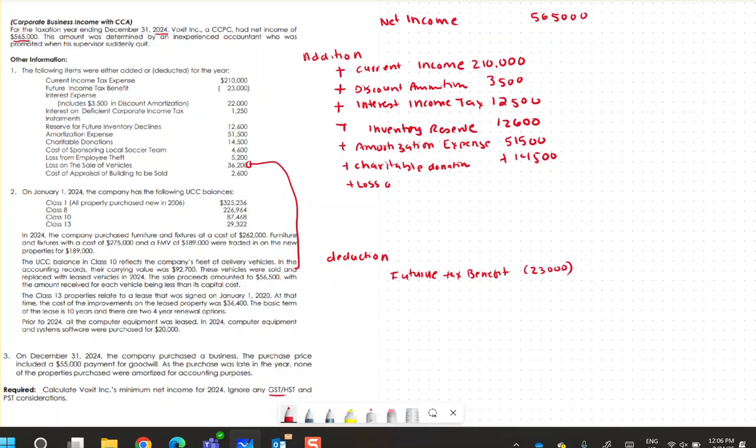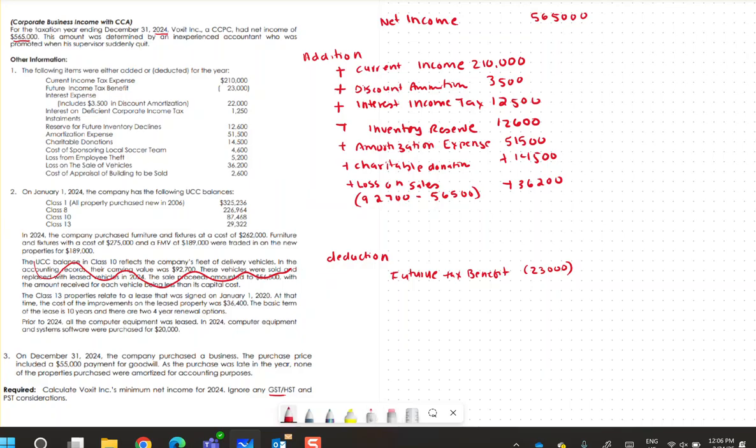In this case, they told us 92,100 was the carrying value, and we sold it for 56,500. There's no loss that is allowed, and I'm going to be adding back the 36,200. That's the loss that came up with it. So we already dealt with that.